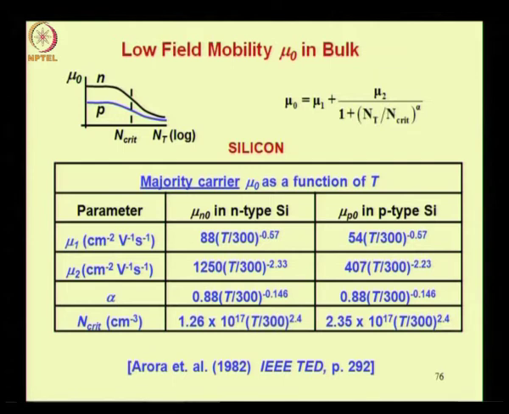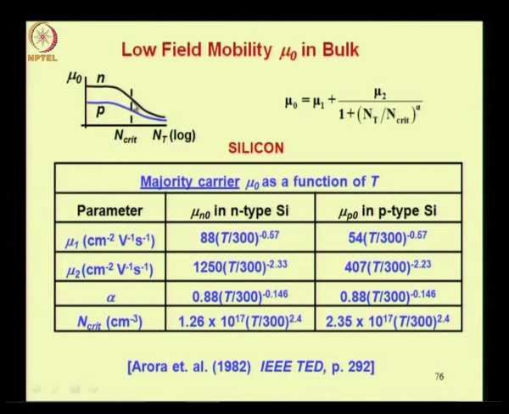If you leave out this mu1, which is a small quantity, you can see here, mu1 at room temperature is about 88 for electrons in silicon, and mu2 is 1250. So this is really a small value, the value to which the mobility saturates here. So approximately for nt equal to n critical, your mobility falls to half of the maximum value.